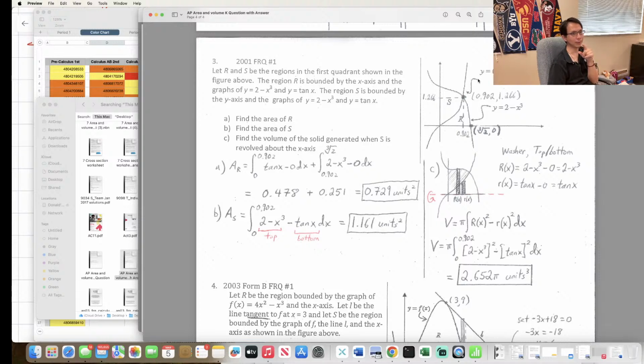Even in 2001, 23 years ago, they allowed you to use a calculator to work it out. The only time they ever wanted you to calculate by hand was probably 30 or 40 years ago. But this one is already able to use a calculator.